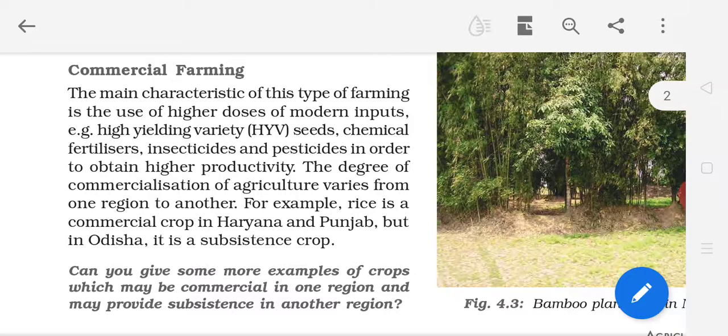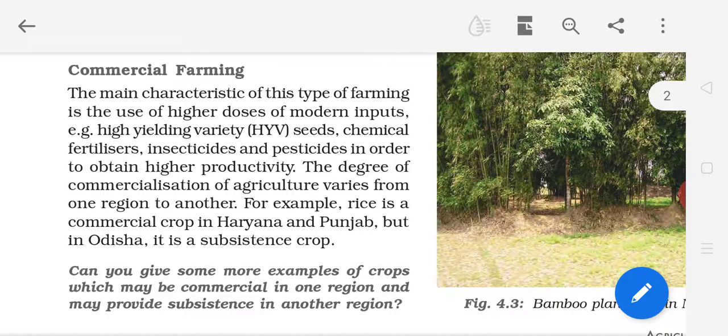I am reading about commercial farming. This is one of the types of farming. The main characteristic of commercial farming is the use of higher doses of modern inputs.